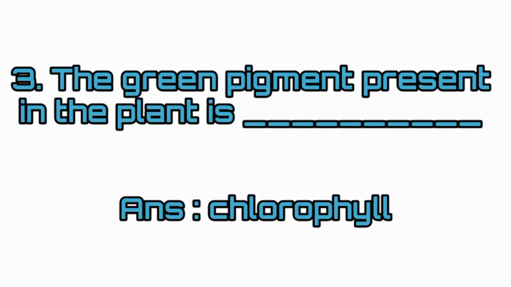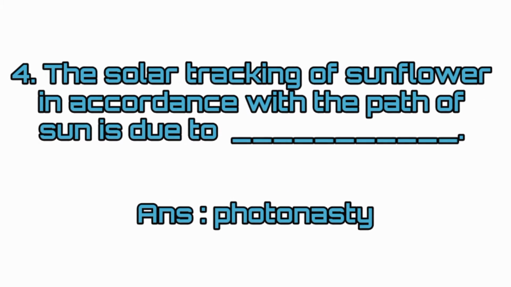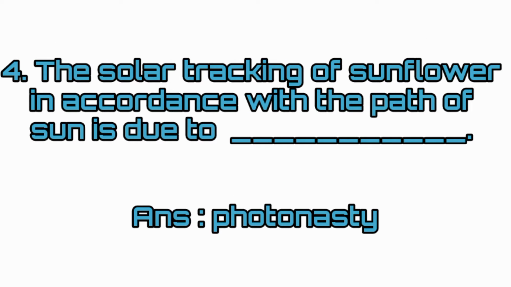The green pigment present in the plant is chlorophyll. The solar tracking of sunflower in accordance with the path of the sun is due to photonasty.